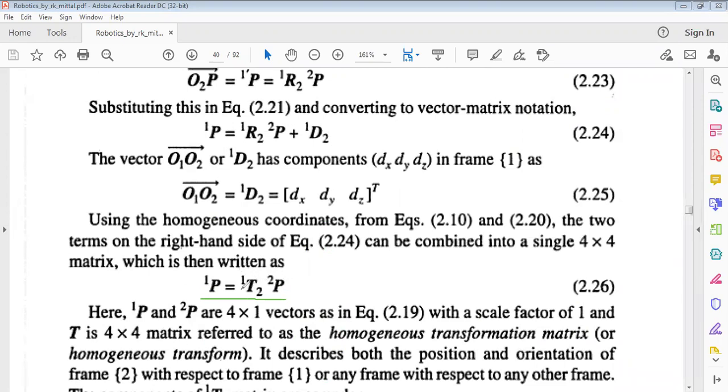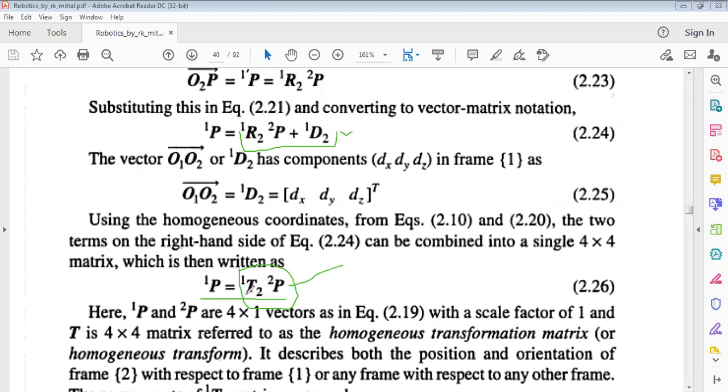This 1T2 2P is equal to 1R2 2P plus 1D2. This form is the homogeneous transformation form, also called the partitioned transformation form.